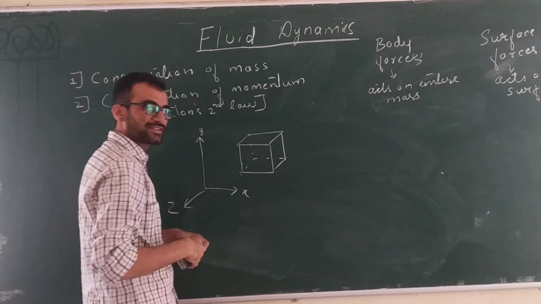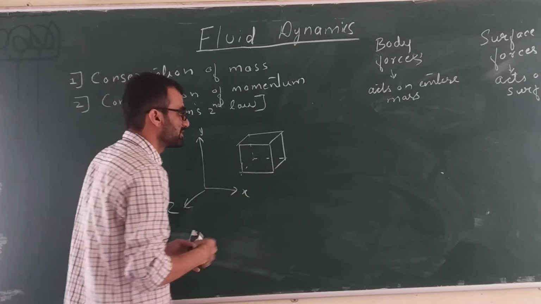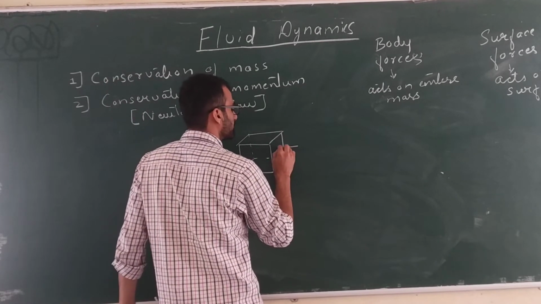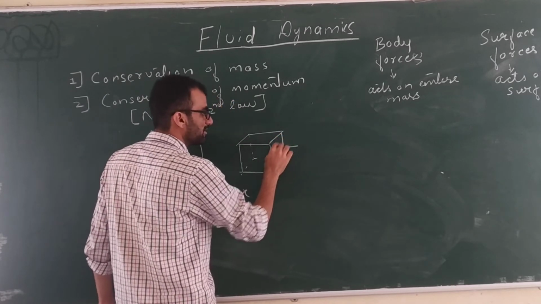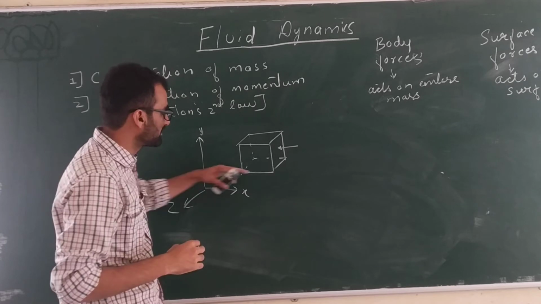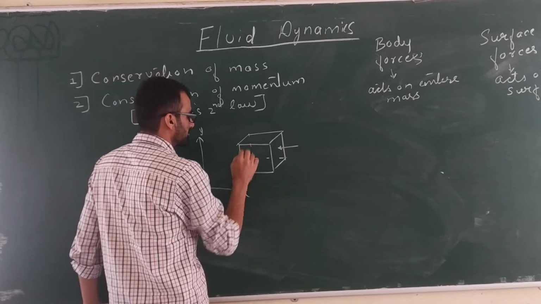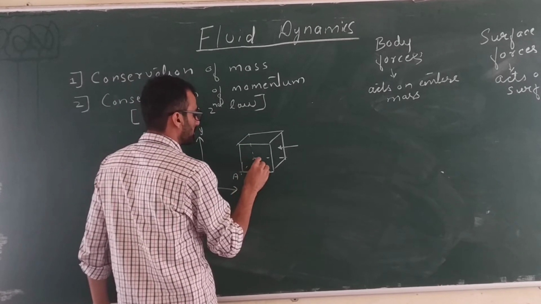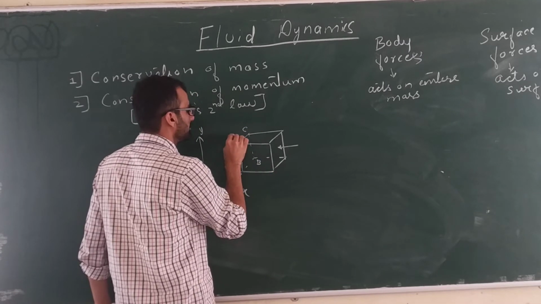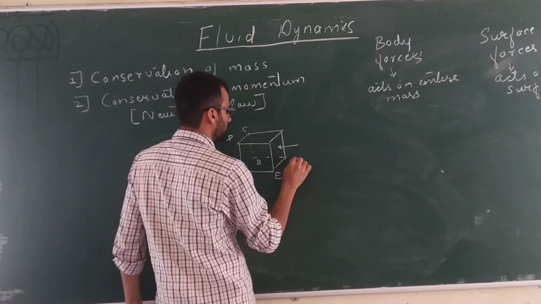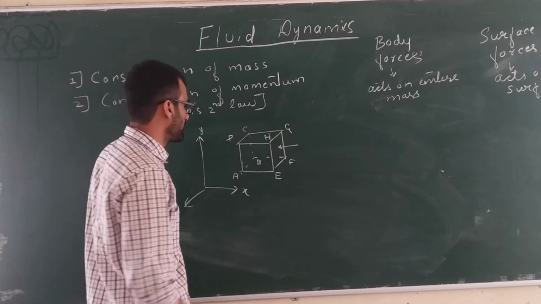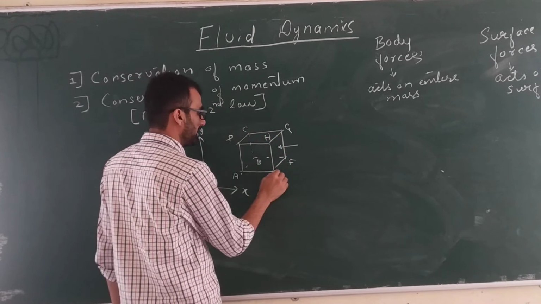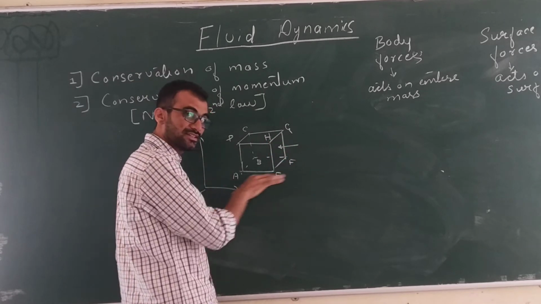What is the pressure force acting in the x direction? We know that pressure force acts normal to the surface. So this is the plane on which the pressure will act, and I will name the corners A, B, C, D, E, F, G and H. So pressure force will act on which planes? A, B, C, D and E, F, G, H if you consider the x direction.